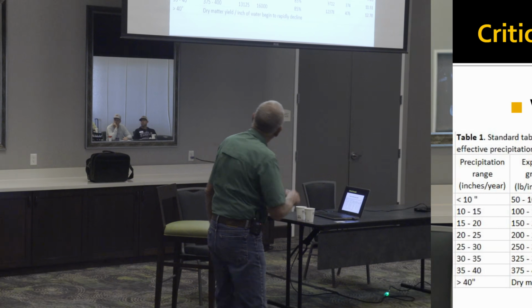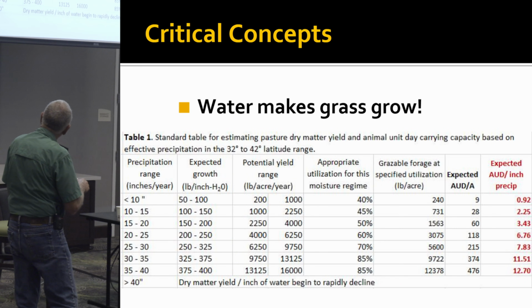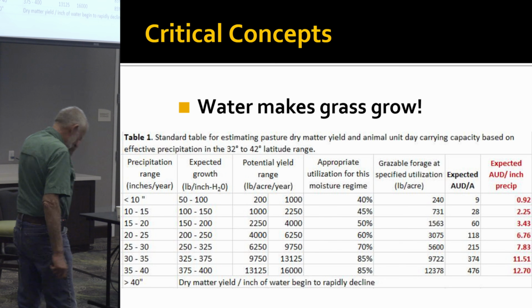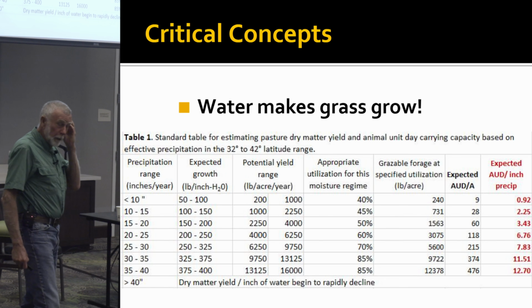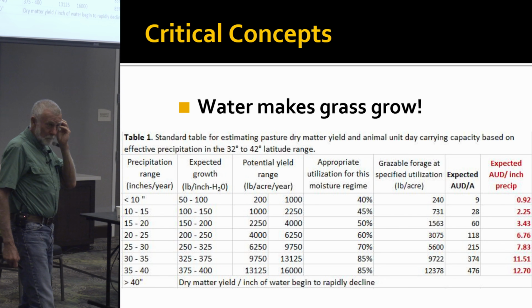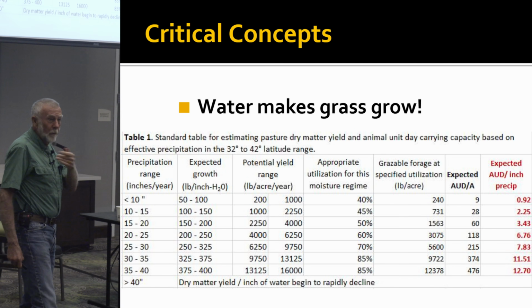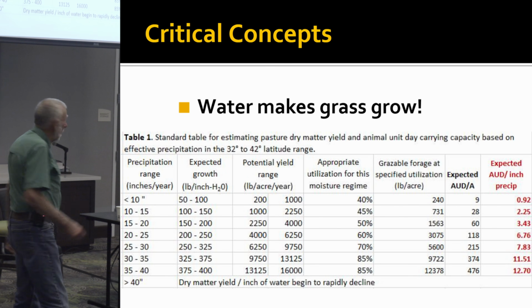So as we get more rain, or I should say more effective precipitation or water into the soil, the greater the productivity of every inch of water becomes. But through this increasing, from the 15 to 30, you're right on target there.